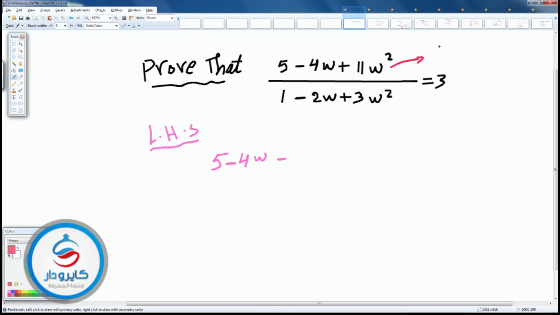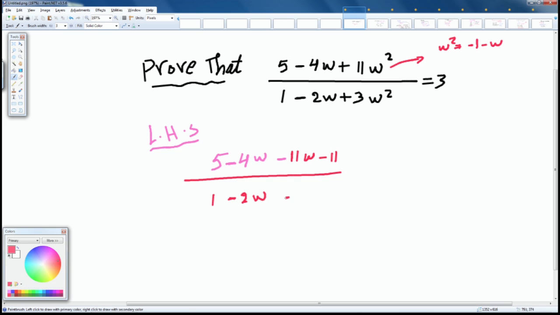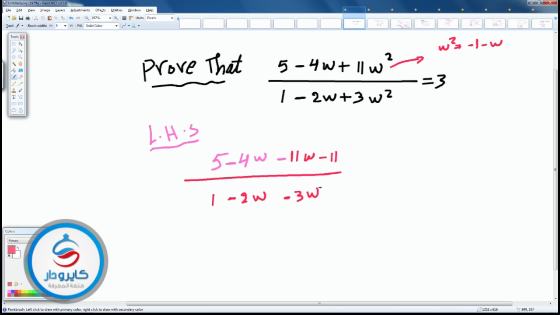This is omega square equals negative 1 minus omega. That means 11 omega square means negative 11 omega minus 11. Also 1 minus 2 omega, 3 omega square means negative 3 omega minus 3.